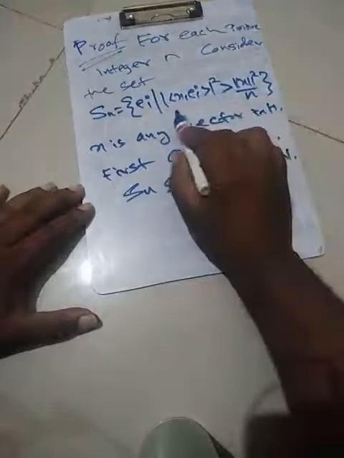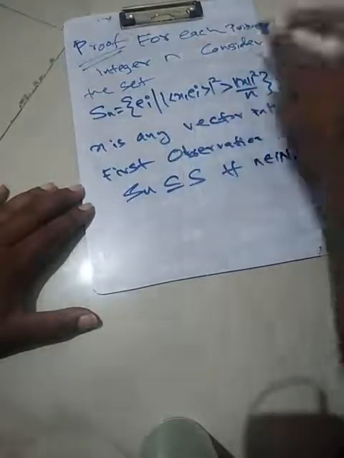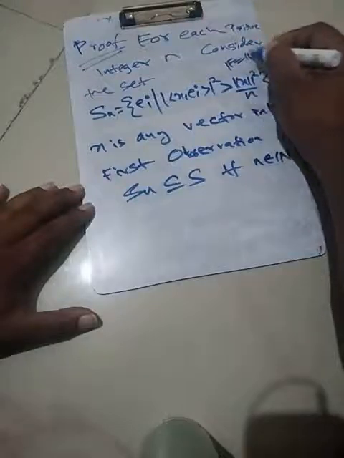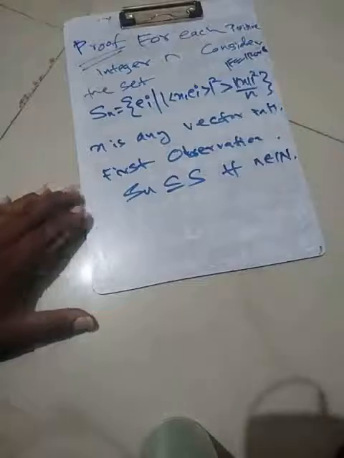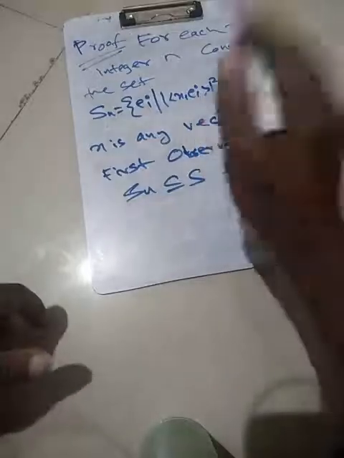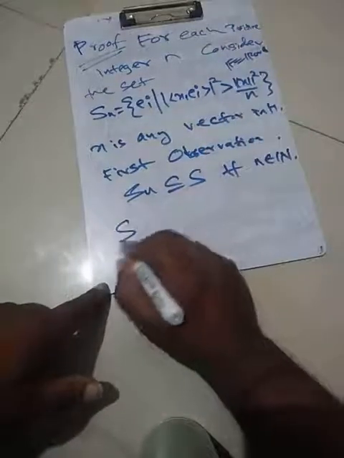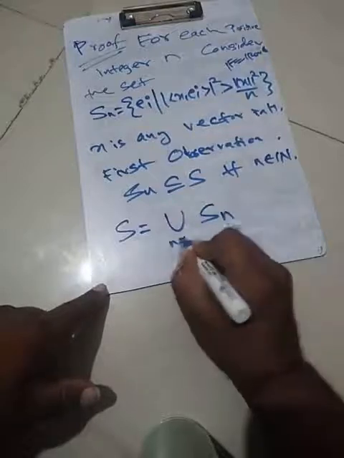Because this object is the modulus if the field F is C; if it is R, then this is nothing but the absolute value. And S is nothing but the union of S_n, n going from 1 to infinity.